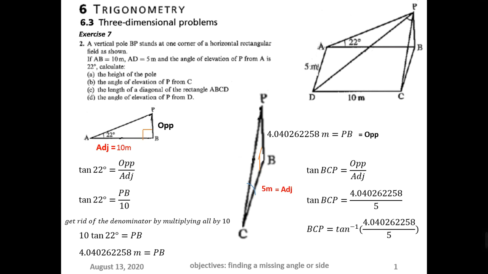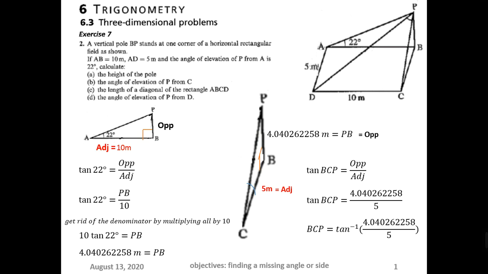You press shift and tan, and a bracket will open, and then you write as a numerator 4.04. Use the arrow on the calculator to bring it down, and then write the 5. Get out of the fraction and don't forget to put the closing bracket, and then you press enter.